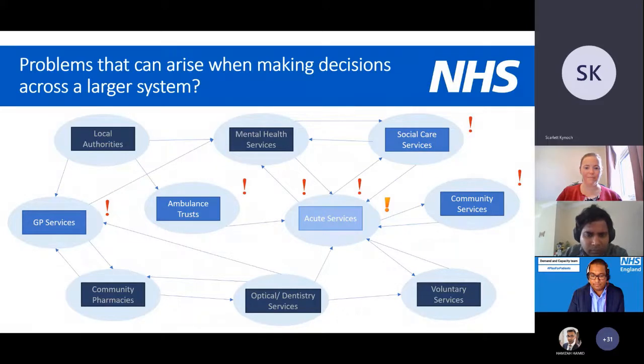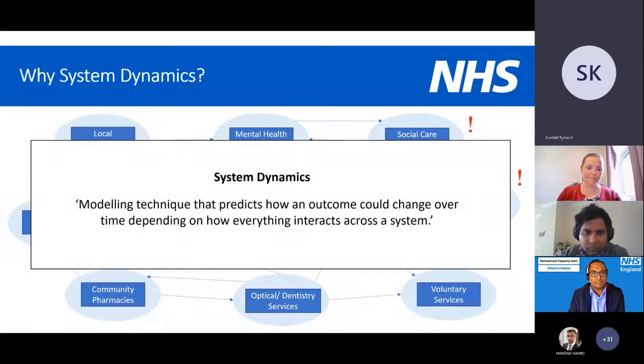Therefore, it is important that we understand how connected our services and providers are across our system, as these connections can impact the outcome from a decision that you may have put in place. So this is what System Dynamics offers. System Dynamics essentially allows you to consider all the interactions across the system independently, and then you can create a model from those independent interactions across services and providers.